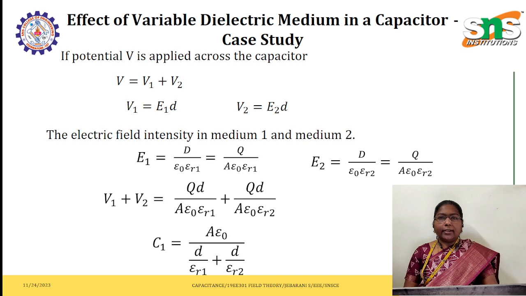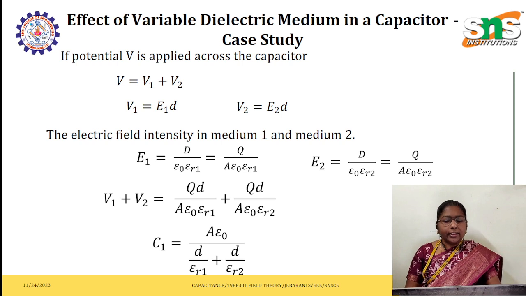And when you calculate E1, it is going to be charge density divided by epsilon naught into epsilon R1 for the first one. And for the second one, it is charge density divided by epsilon naught into epsilon R2. And when you calculate the value of V, automatically, right, it is going to be the summation of these two values.